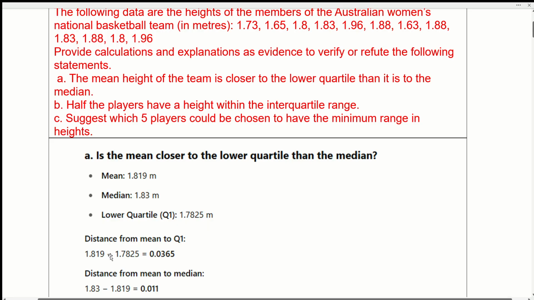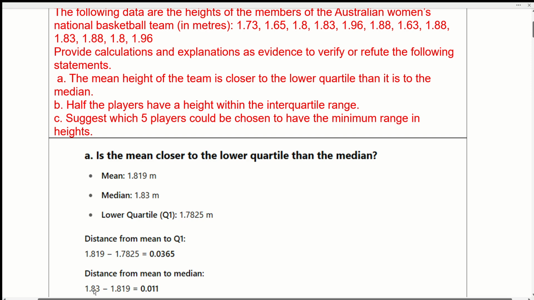Now you have to figure out the distance from the mean to quartile 1. So quartile 1 we figured out was, in this case, 1.7825 meters, and our mean was 1.819. So you take it away from the quartile 1 and you get your answer here. Similarly, you also have to check the distance from the mean to the median. So you do the same thing.